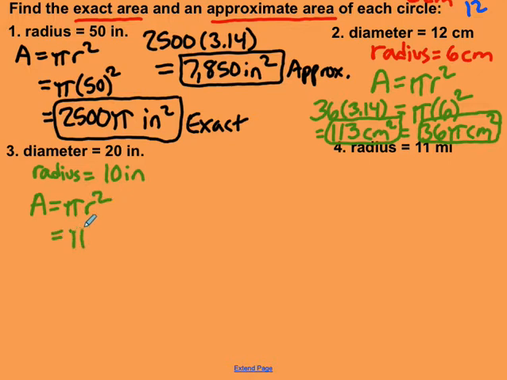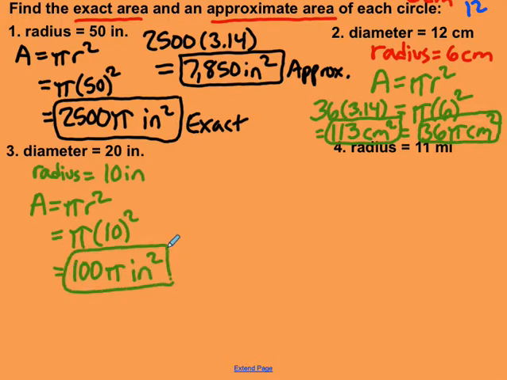So I'm going to do pi times radius, 10 squared. 10 squared is 100. And again, I'm going to write it as 100 pi inches squared, this would be your exact answer. If I want to find an approximate, I'm going to take 100 times 3.14. So my approximate area is 314 inches squared.